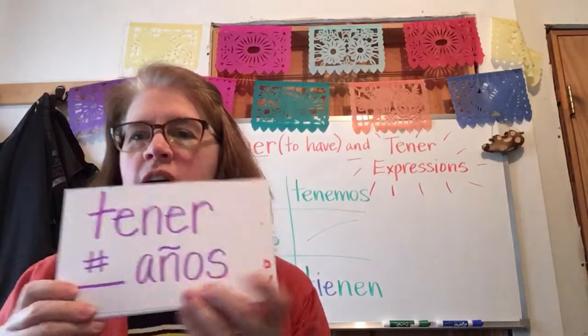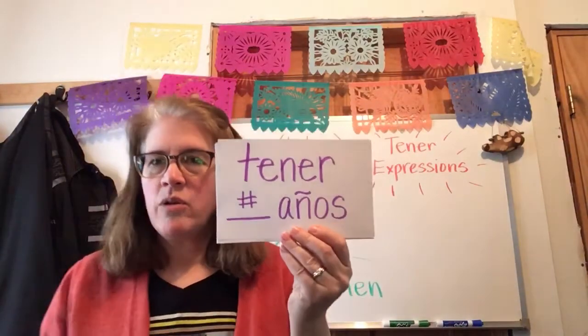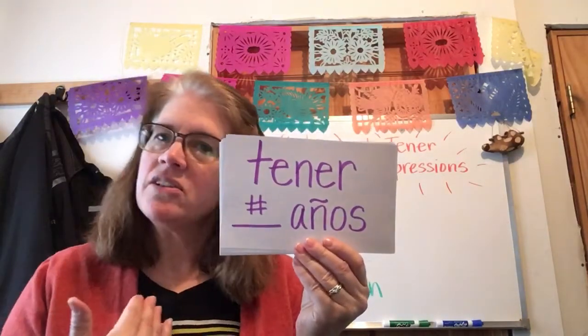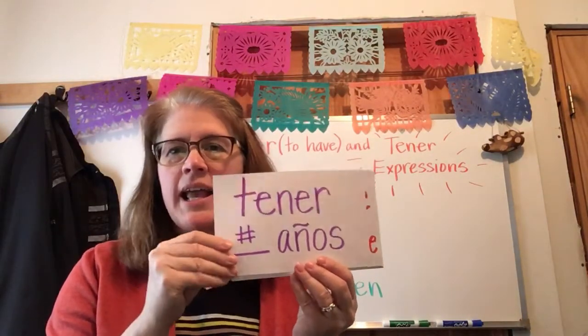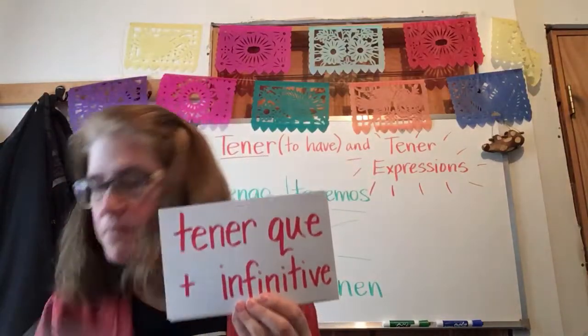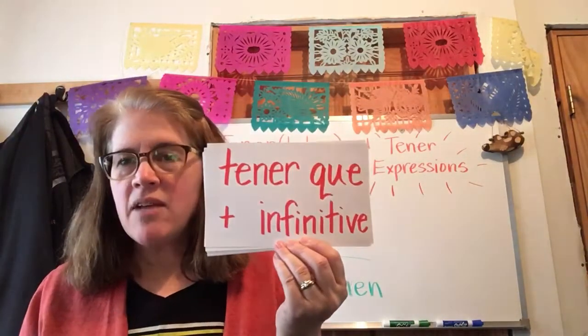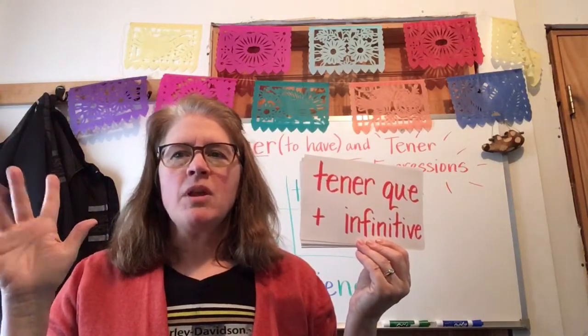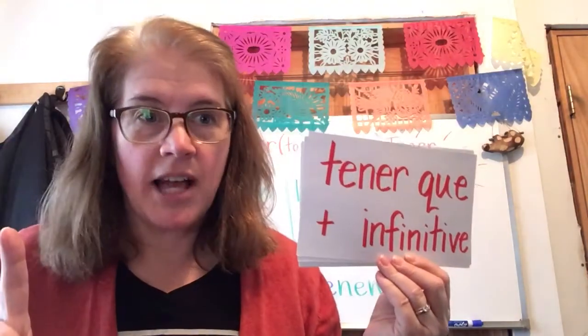All right, first one. Tener with a number, años, is to have blank years. In English, though, that's how we say I am blank years old, okay? All right, tener que, followed by an infinitive. Hold on a minute. We got to review. What is an infinitive, Class A?